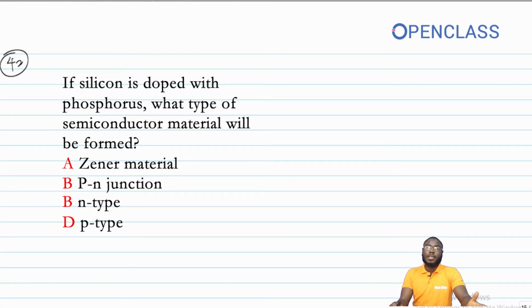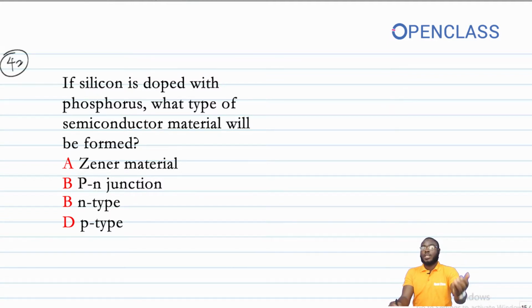For instance, semiconductors don't conduct electricity as much, so you want to improve its conductivity such that it behaves more like a conductor. You introduce another element into that element such that it behaves more like a metal. This concept is what we call doping.